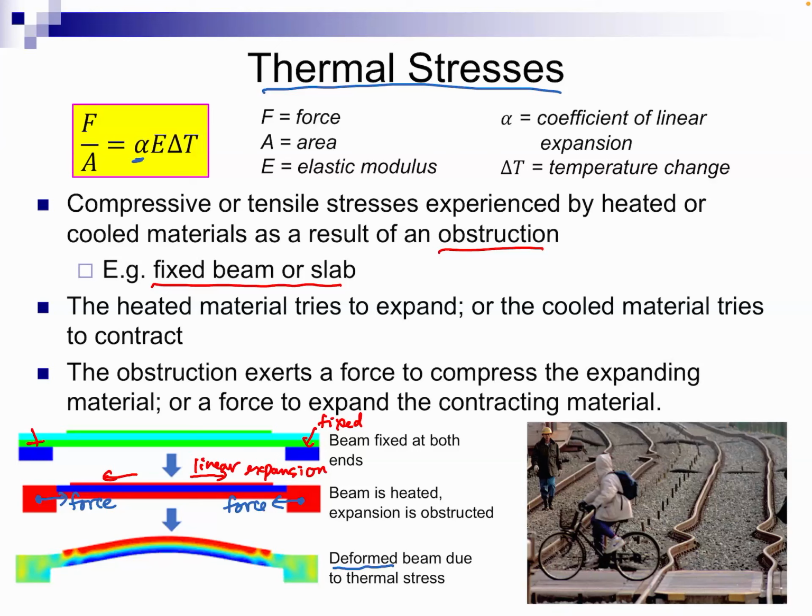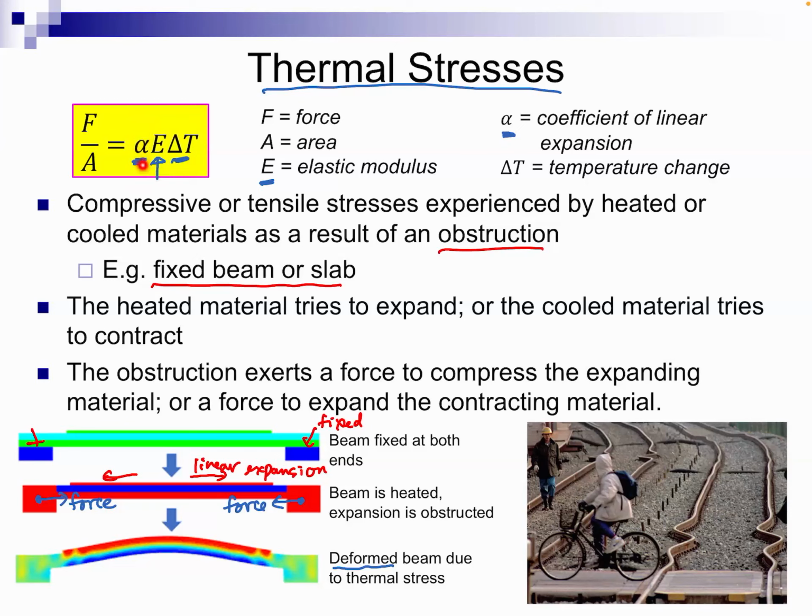So thermal stress should also depend on the coefficient of linear expansion. As the temperature increases, the object expands according to its coefficient of thermal expansion, and the resulting deformation is a function of the elastic modulus of the material. So thermal stress will be a function of all of these three.